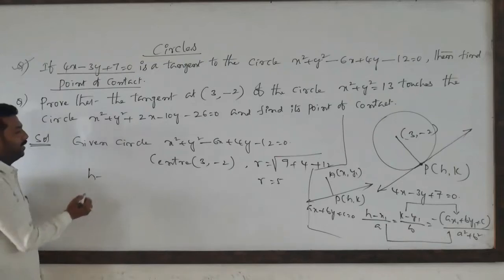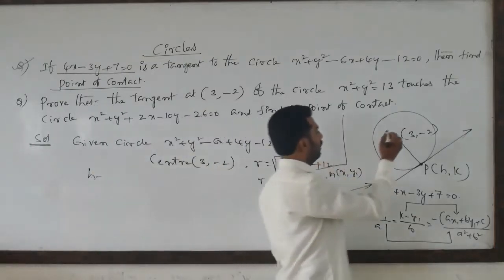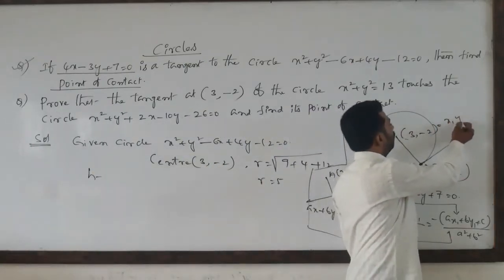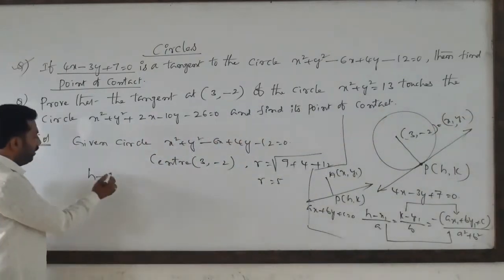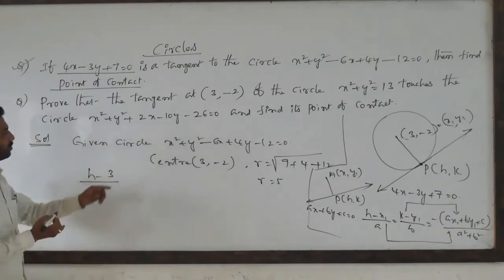Foot of the perpendicular: h minus x1, this is the center x1 y1, so h minus 3 divided by the x coefficient.